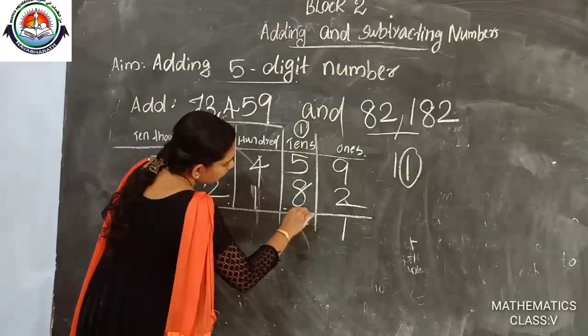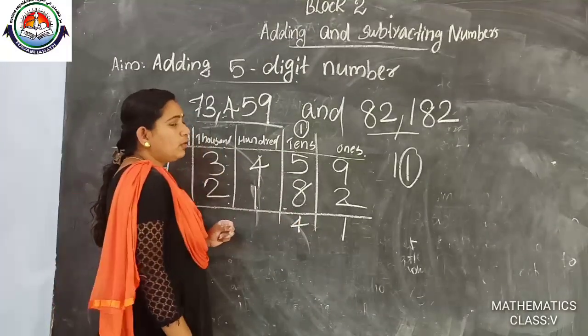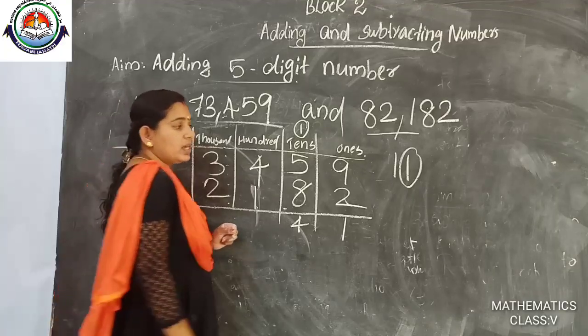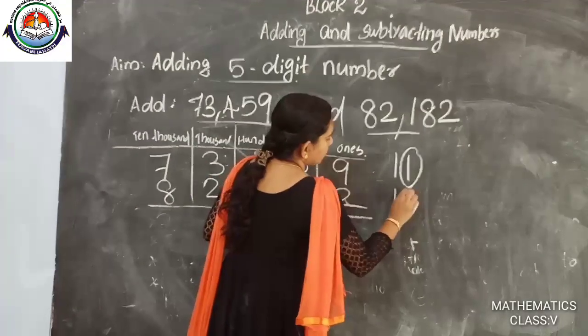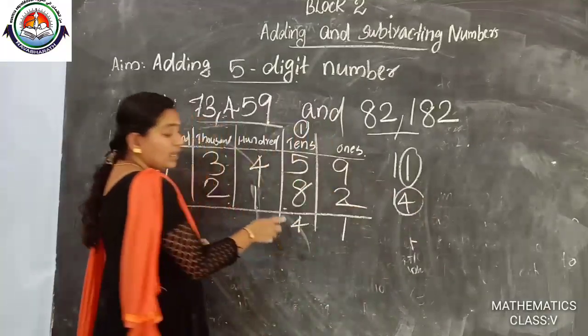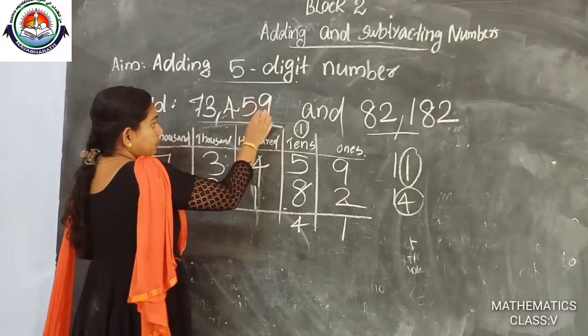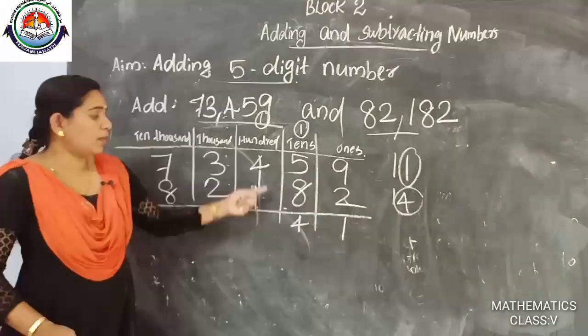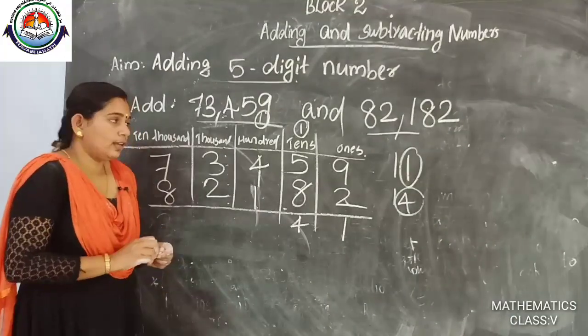13 plus 1, 14. 14: 4 we are writing here, carry 1. Then 4 plus 1, 5.